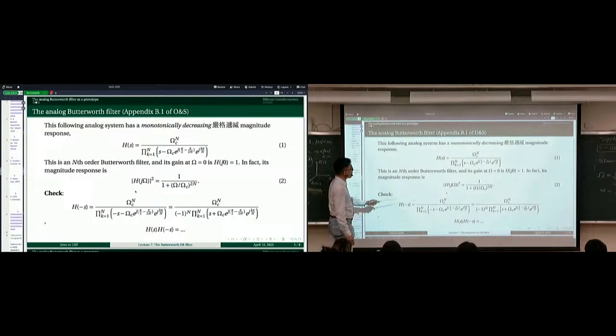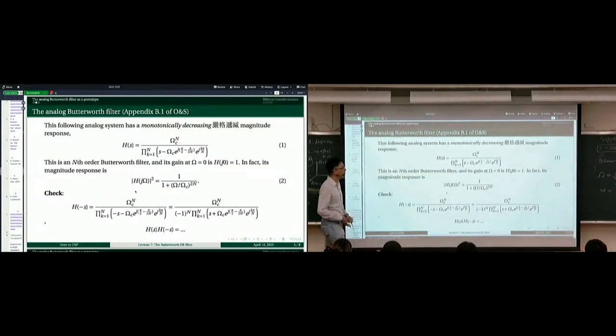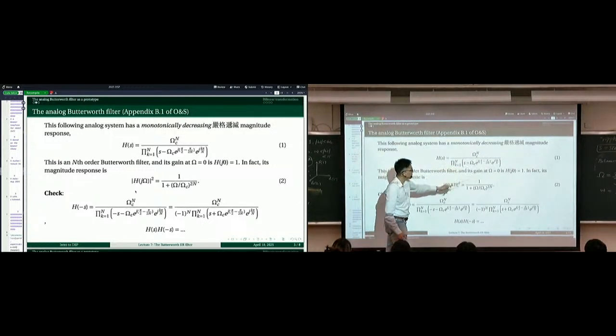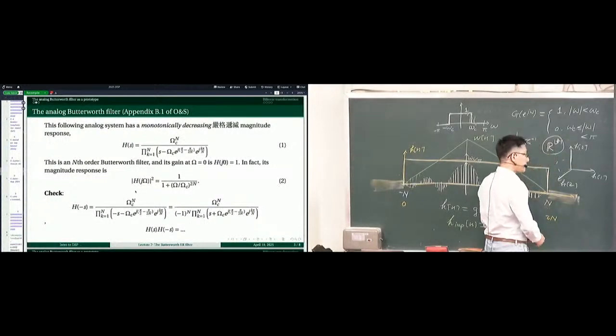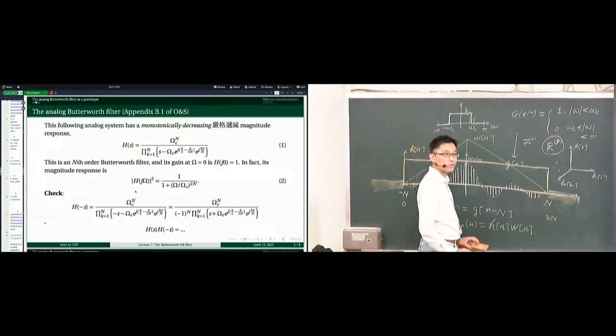We define it as a constant over a polynomial of s, which has n roots. And the roots are defined by this expression. Let's maybe finish this slide before we head home, before we call it a day.